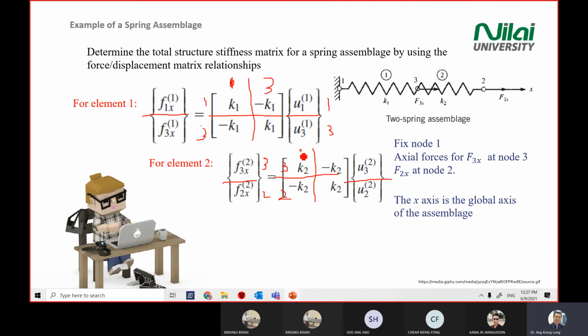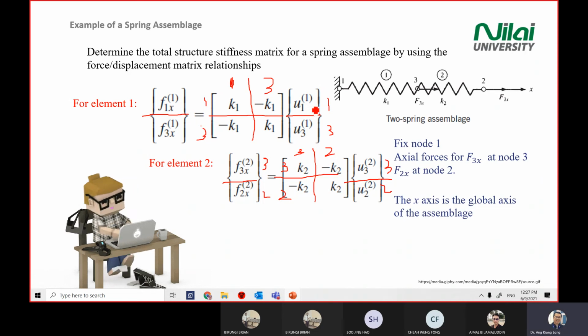And then the top one is 3, 2. This one is 2. Sorry, this is 3. This is 2. Okay, so you have to know the parking lot itself. Then we will pull them all together into one single matrix.